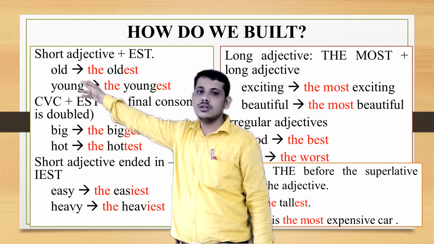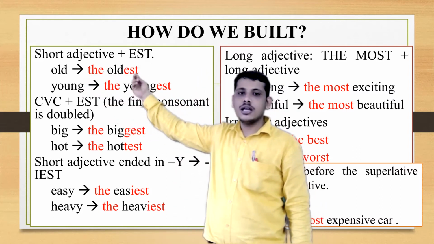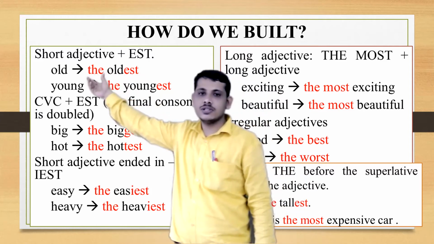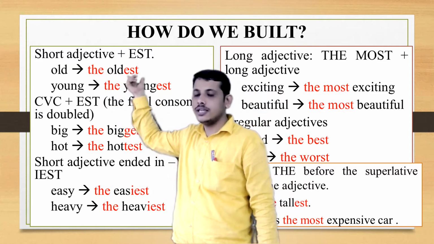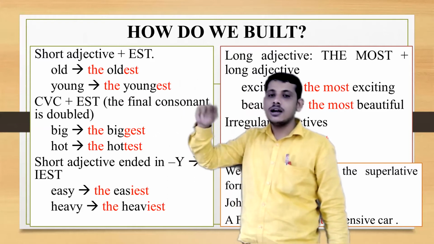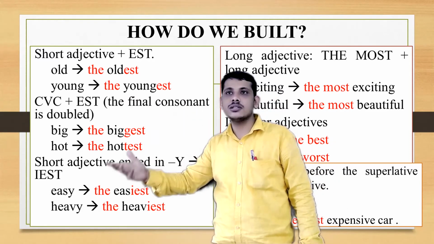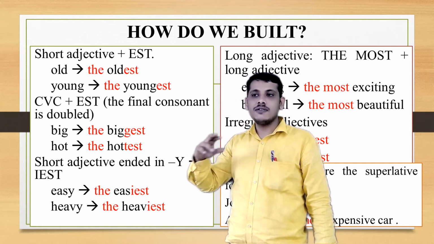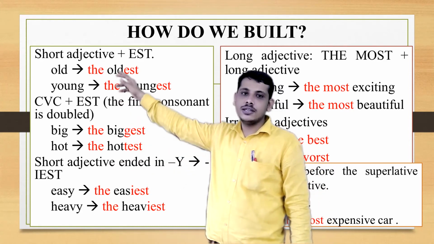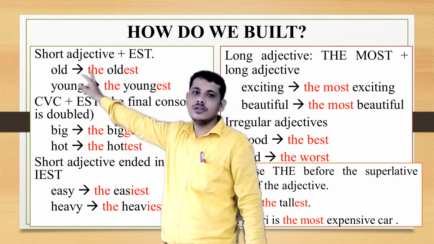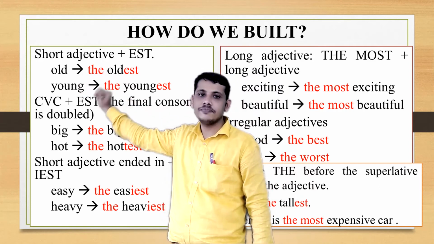For example, old, oldest. If the adjective is small, just at the end we have to add est. That is the first thing. Another thing is that we were using than in the comparative degree. For example, he is taller than me. After the adjective, we use than. Here, before the adjective, we have to use the, the oldest.